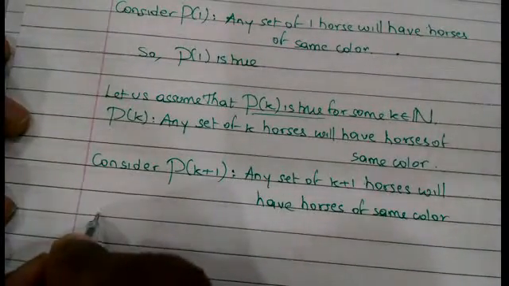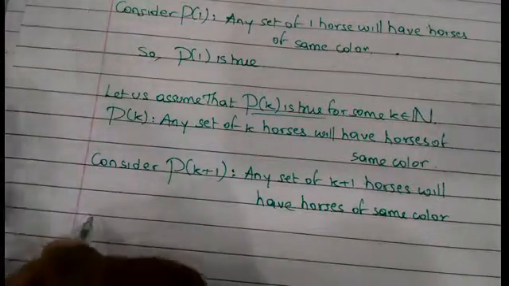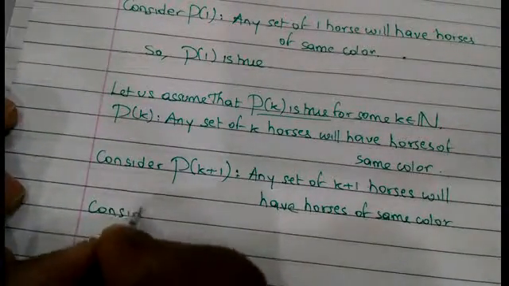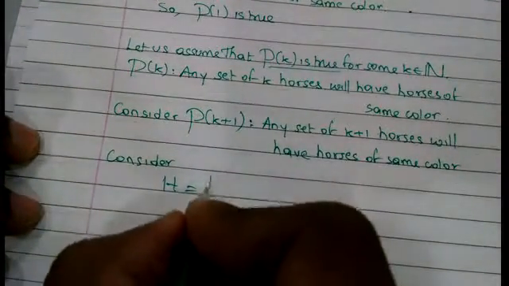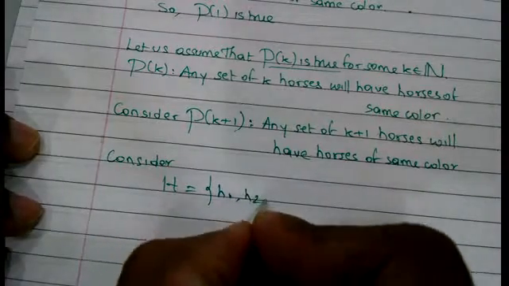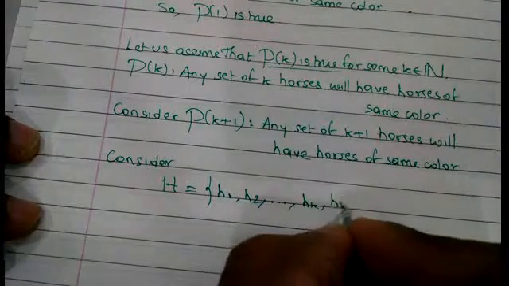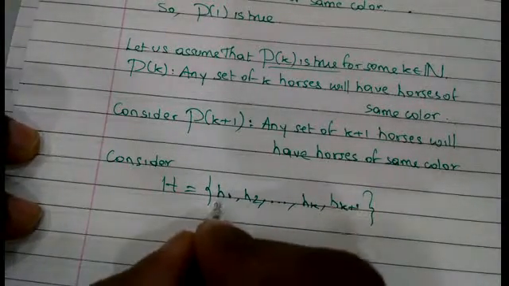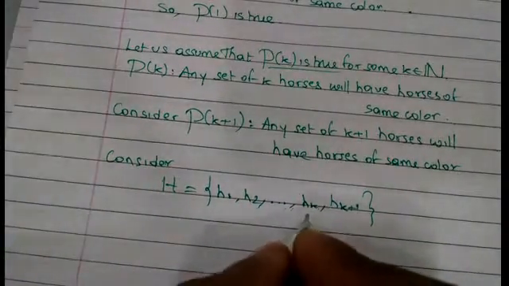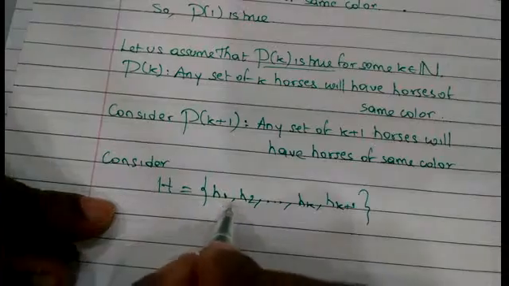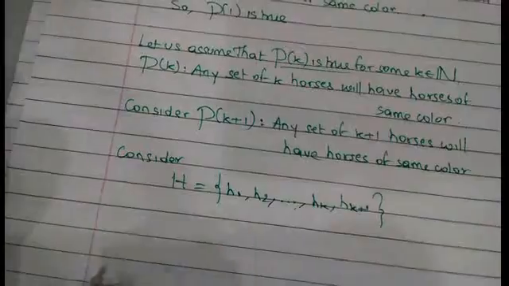So let us just consider any random set of k plus 1 number of horses. I denote that set by capital H, which is a set containing k plus 1 number of horses. It goes like this: h1, h2, h3, it goes on up to hk and hk plus 1. And of course h1, h2, h3, all these things, they denote horses. So this capital H is the set of all k plus 1 number of horses.